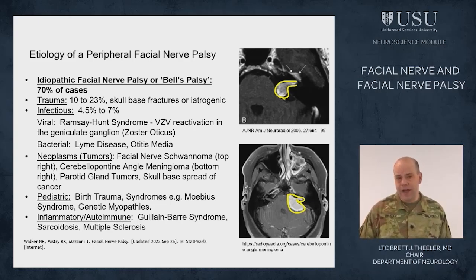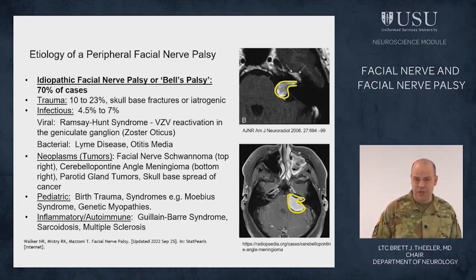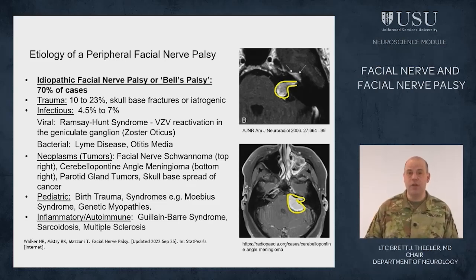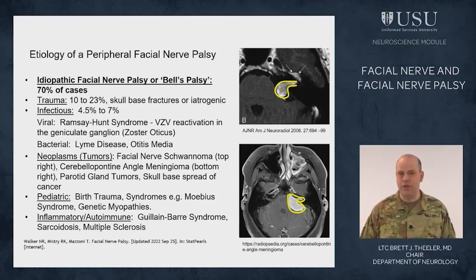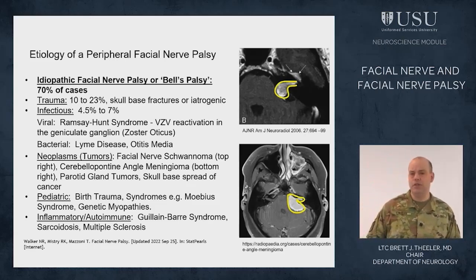Patients who have certain infections like varicella zoster virus or Lyme disease can have a peripheral facial nerve lesion, usually associated with a specific pattern of rash. There are certain tumors, for example, a facial nerve schwannoma, as shown in the top right picture, which can involve cranial nerve 7, often nearby cranial nerve 8. A cerebellopontine angle meningioma can grow right where cranial nerve 7 and 8 leave the brainstem. These are both situations where, again, you'd expect more of a chronic presentation.